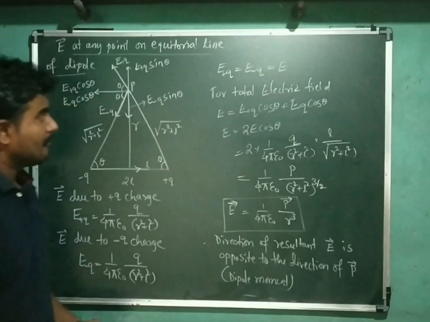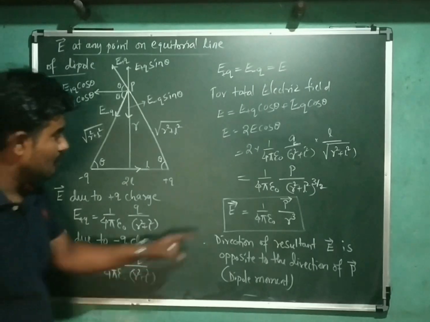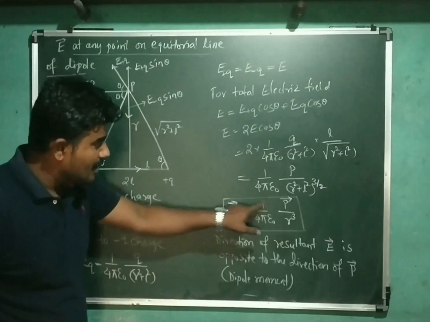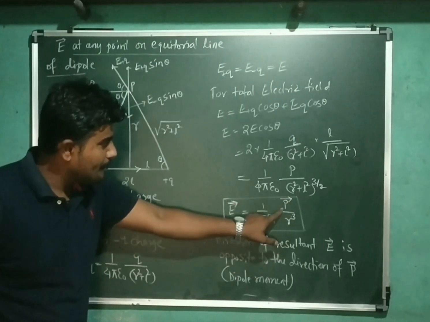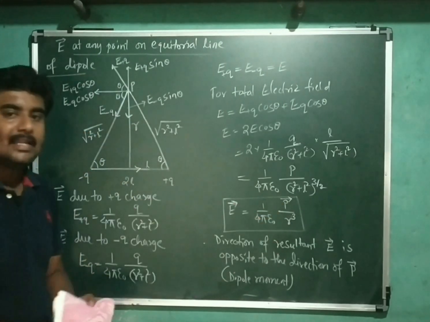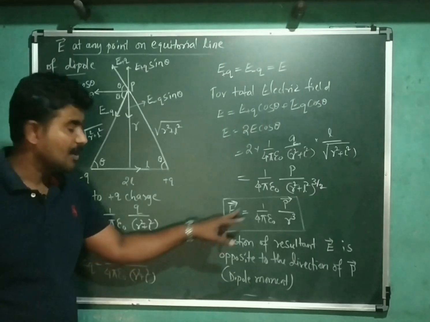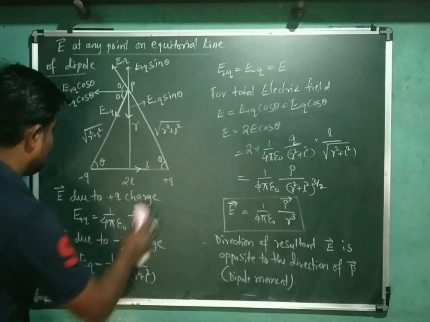And as you can observe, in the axial line, one more quantity was added, that was 2, and here only P is there. It means the axial field is 2 times the equatorial field.